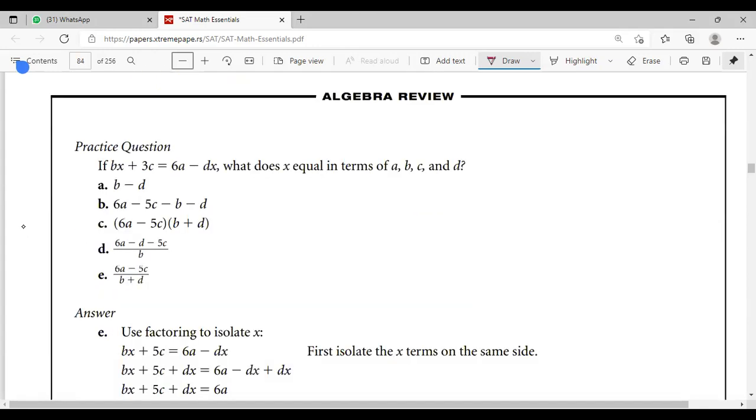Okay. If bx plus 3x equals 6x minus dx, what does x equal in terms of a, b, c, d?